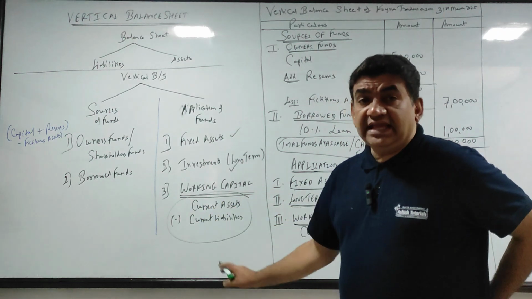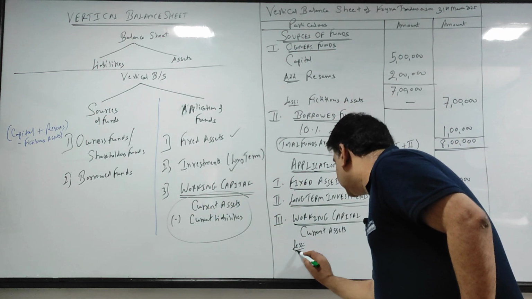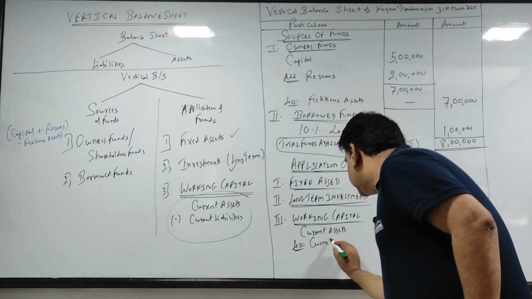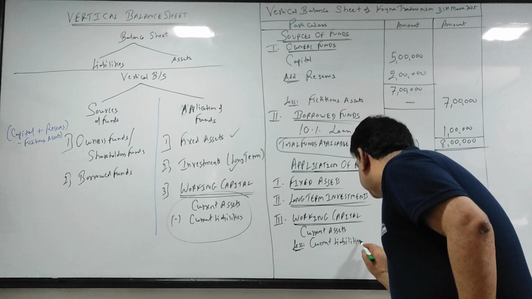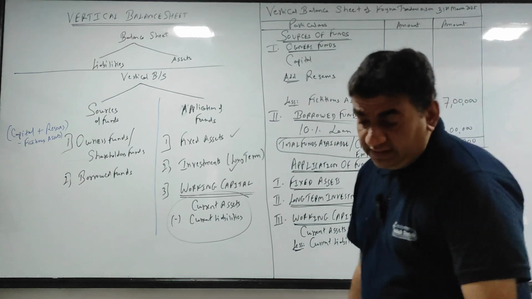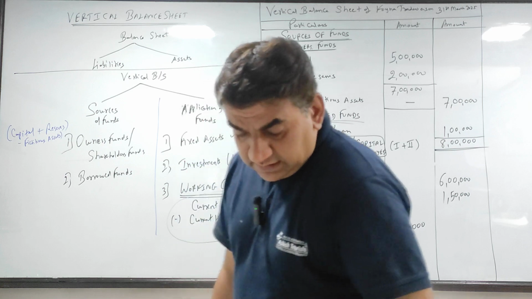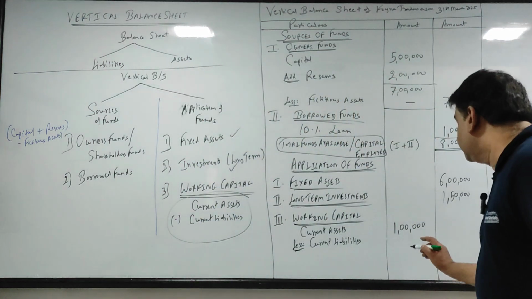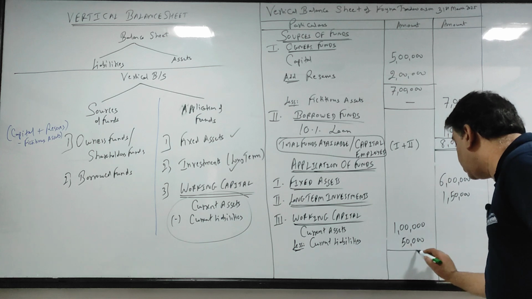To get the working capital from the current assets, I have to deduct current liabilities. So deduct, less current liabilities. कितना है current liabilities? Current liabilities है 50,000. So write 50 in the first column.